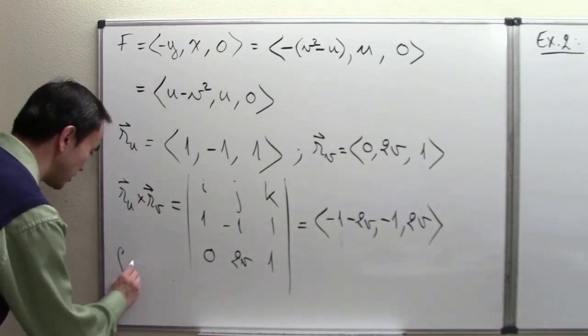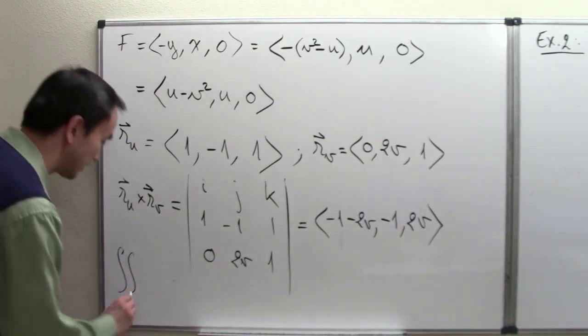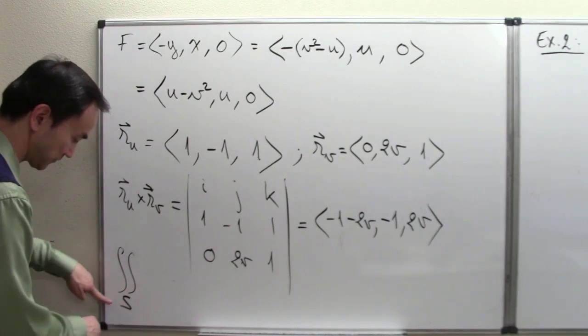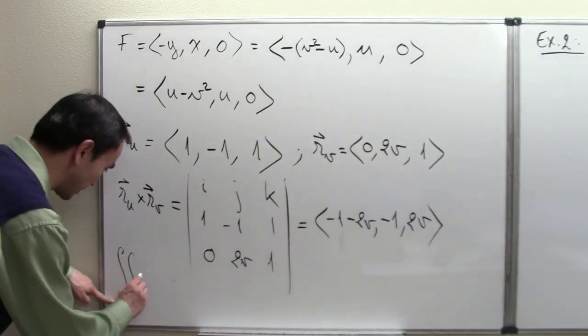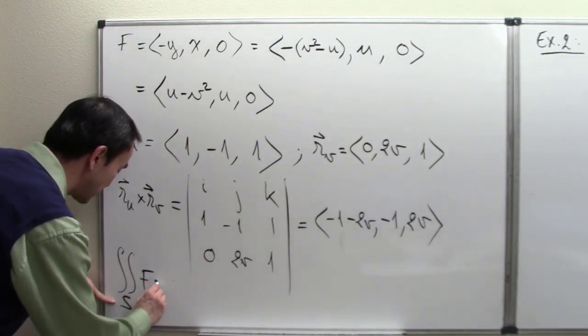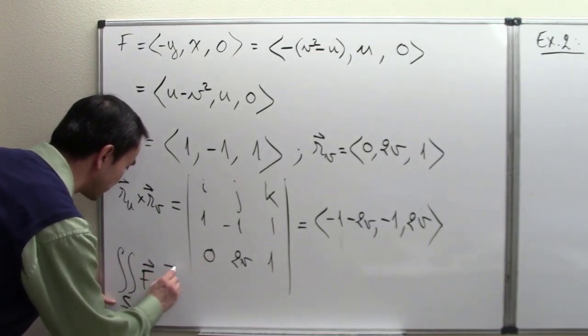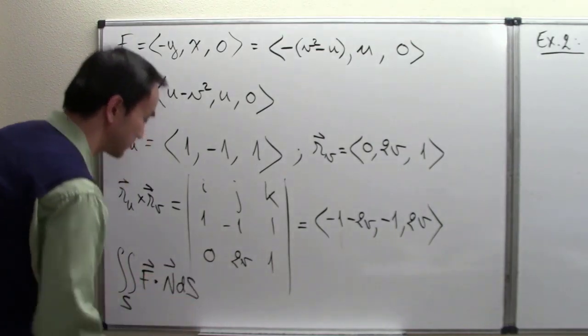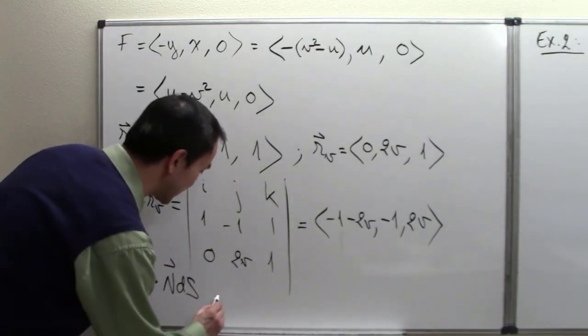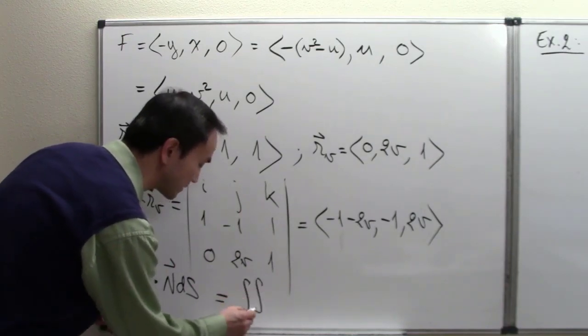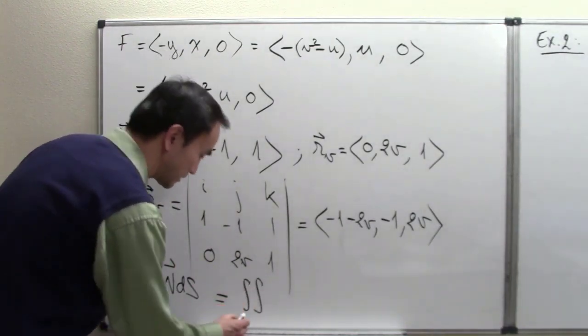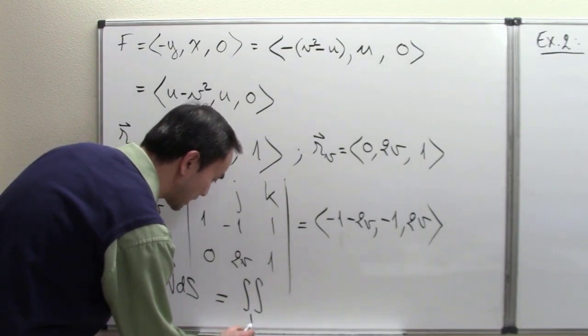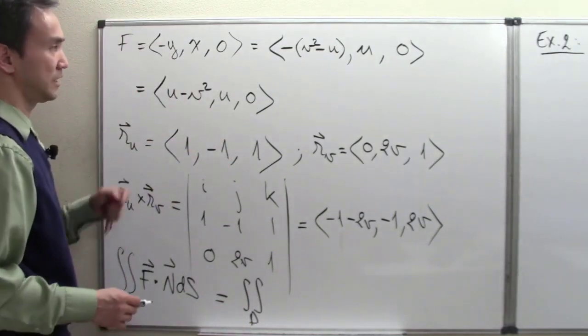So the surface integral in the beginning, over that surface S, of F dot N, can be rewritten as a double integral over the region D, the domain of u and v.